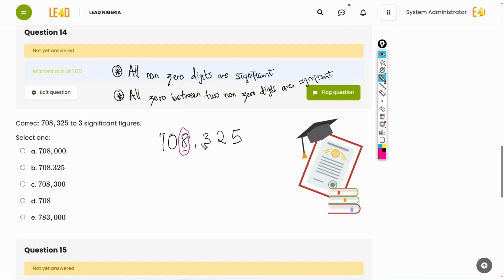We're going to test the digit to the right, 3. Is 3 a strong or a weak digit? 3 is weak. So we go plus 0, and we have 708 and 000. So 708000. The correct option is option A.